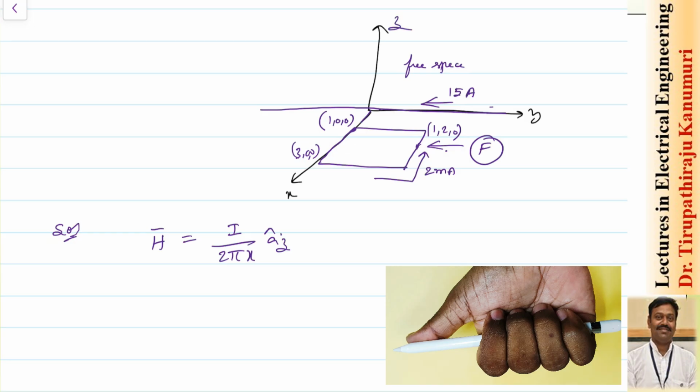If you hold your right hand in such a way that your thumb indicates the direction of the current, then your curled fingers indicate the direction of the magnetic field intensity. That is what we have seen. So the magnetic field intensity due to the long filamentary conductor will be along the tangential direction, equal to I by 2 pi x in the direction of Az. So this I can write as 15 divided by 2 pi x in the direction of Az. This is in amperes per meter.